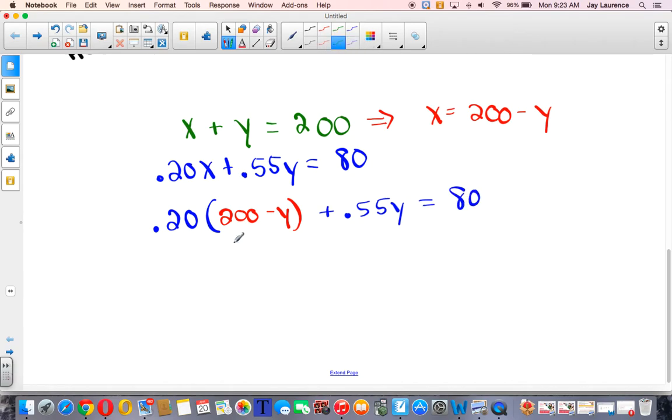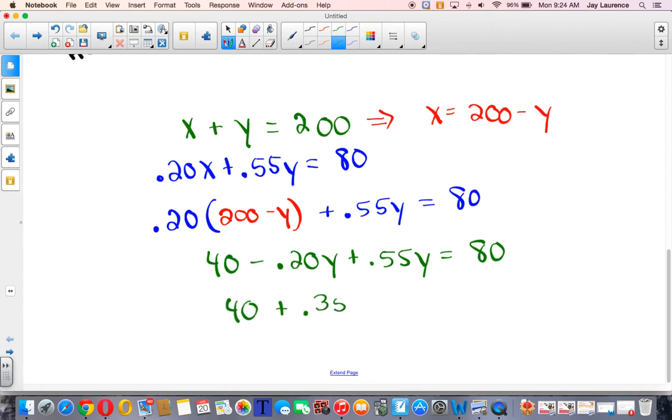So now I do my multiplication. Let's see, 10%, I need 20% of 200. 10% is 20, so that should be 40. And that'll be minus 20 hundredths y plus 55 hundredths y, and that will equal 80. I'm going to combine like terms, and that will end up with 40 plus 35 hundredths y, and that will equal 80.